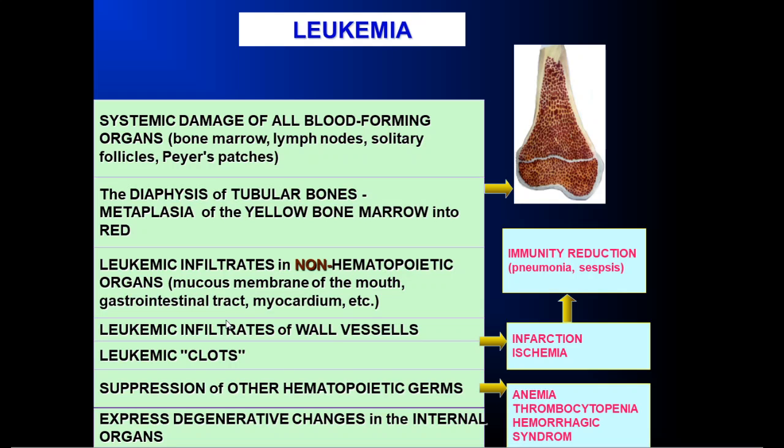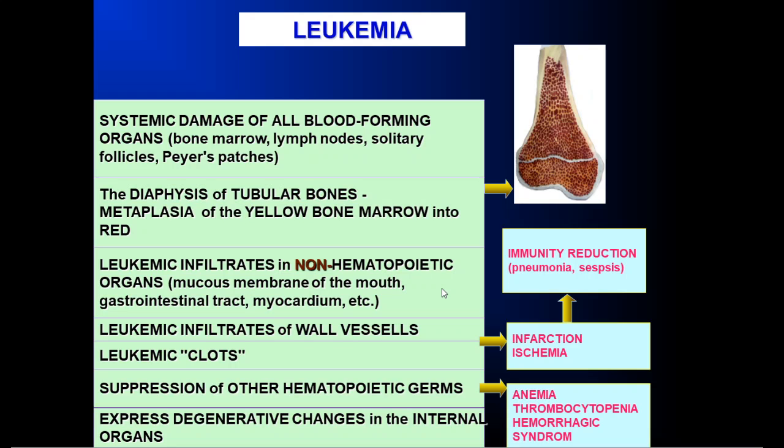So, and the reason is, as you see here, a bit lower, mostly in the bottom of the slide, suppression of other hematopoietic germs, and also because of the leukemic infiltrates. So, one by one.